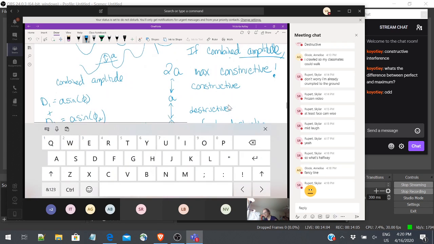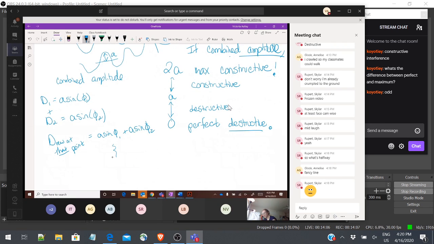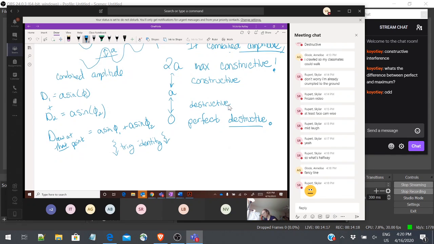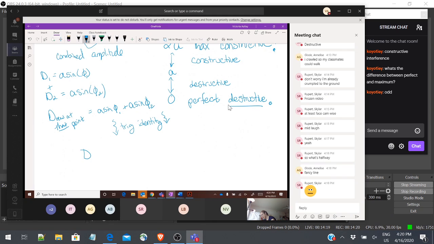And then you do some trigonometry identities for what happens when you're adding two sines together. You end up with, sorry, I have the hiccups.